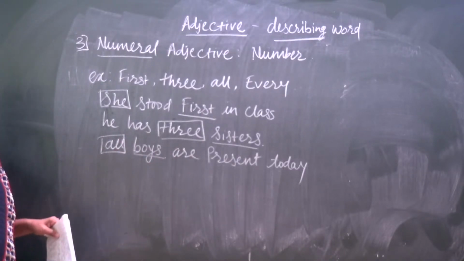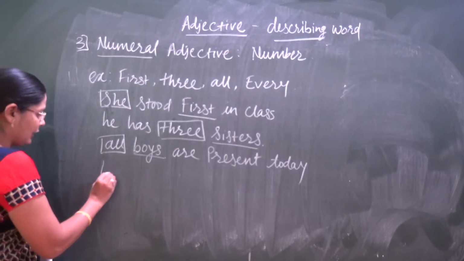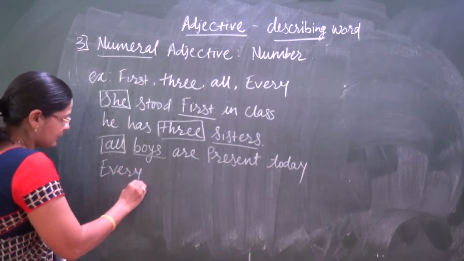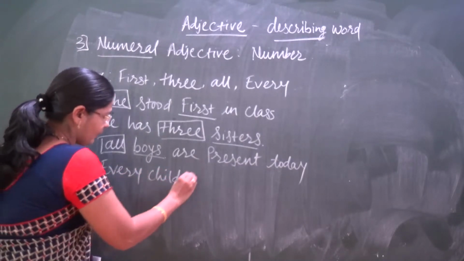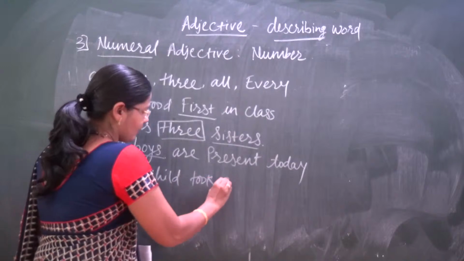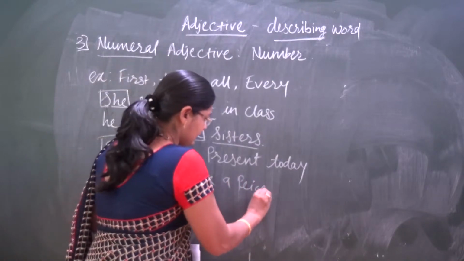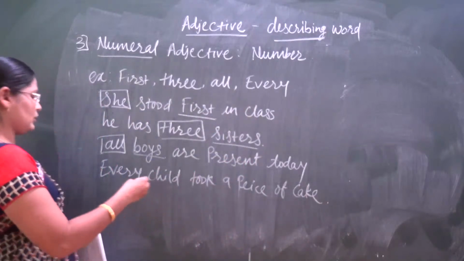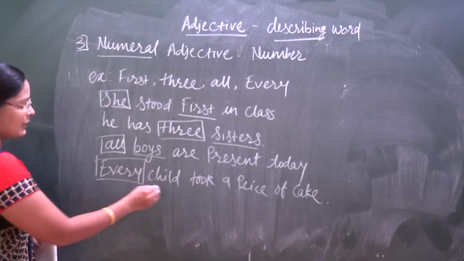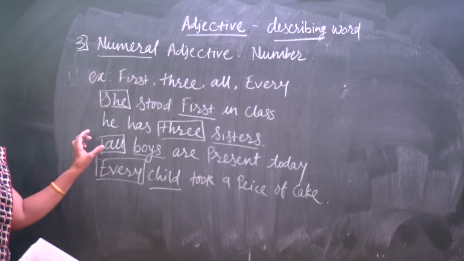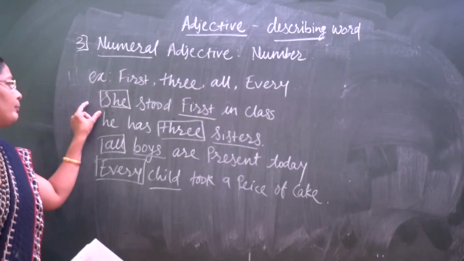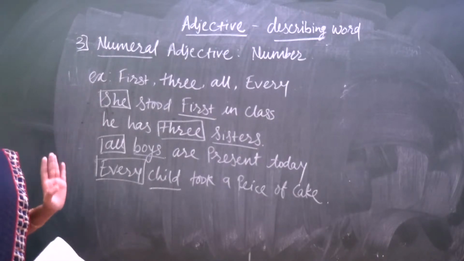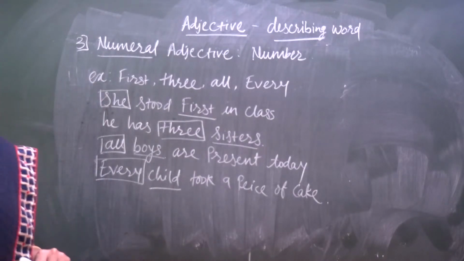Every child took a piece of cake. So this every is describing the child. So here we are giving a particular number. That's why it is called a numeral adjective.